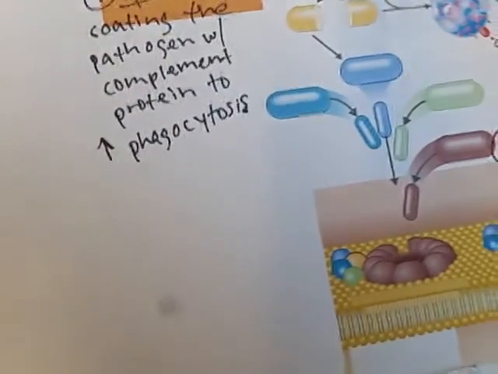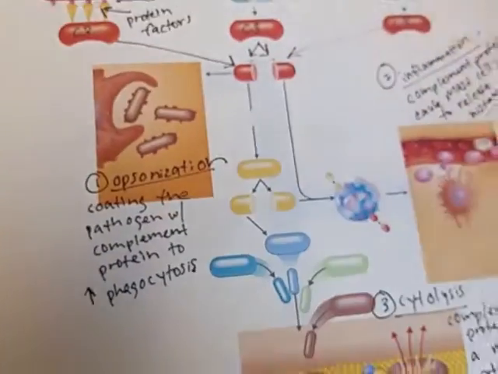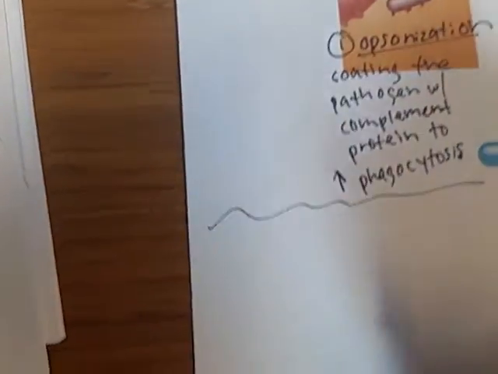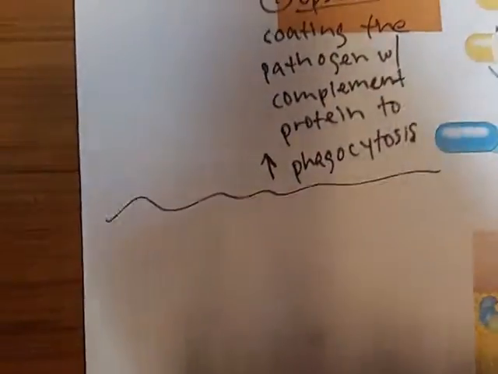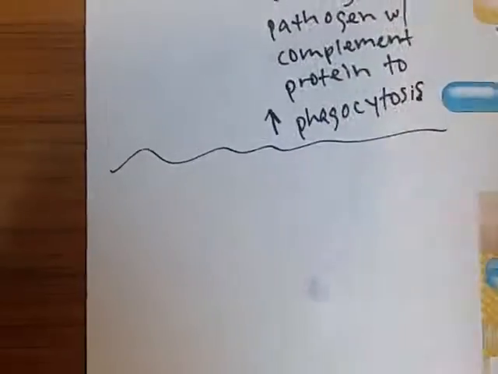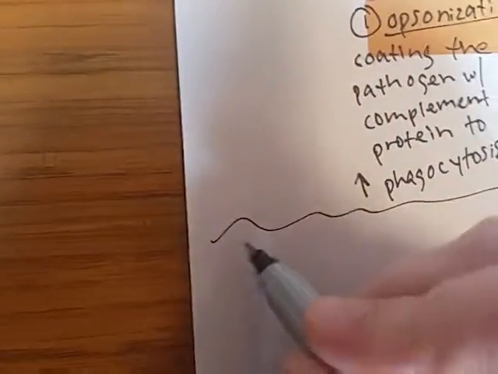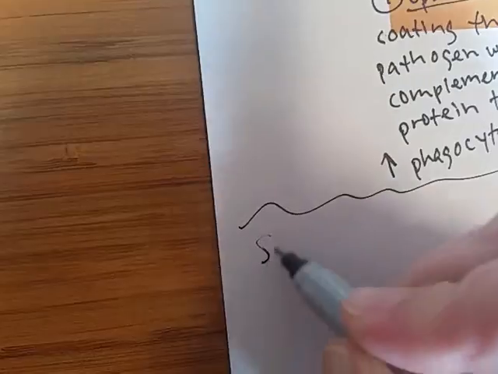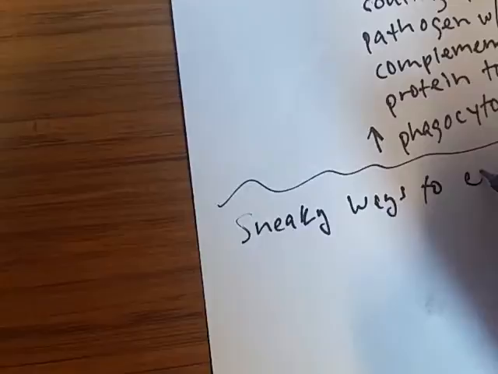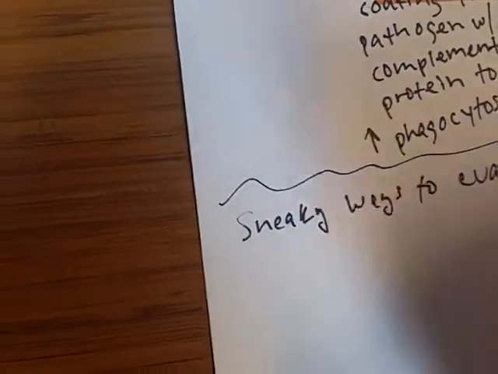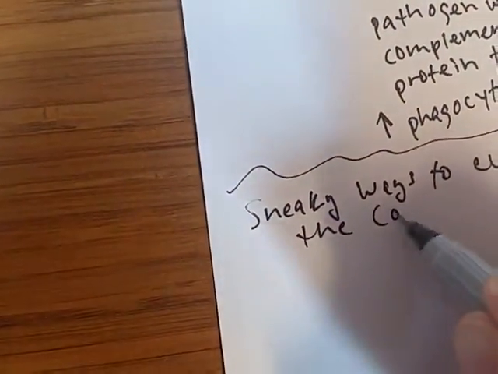So real quick, we're going to see that there's some bacteria that can actually kind of sneak around the complement system. So ways that bacteria can kind of sneak out of being harmed or being detected by the complement system are these. So let's put here sneaky ways to evade or escape the complement system.